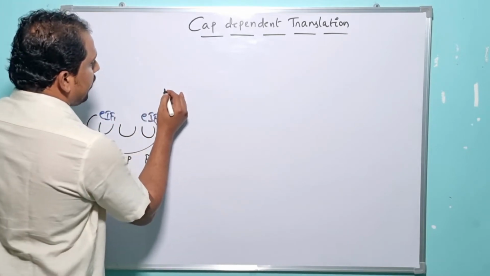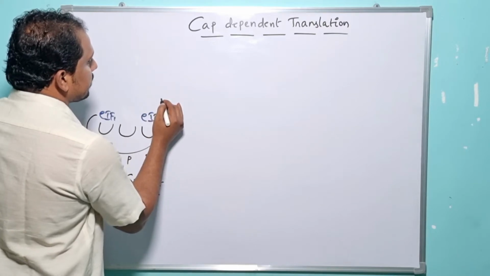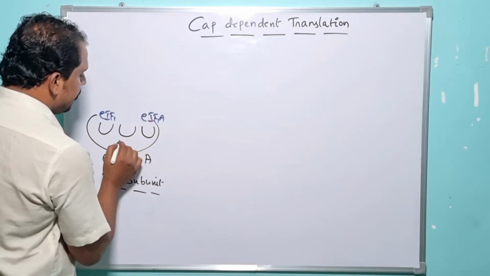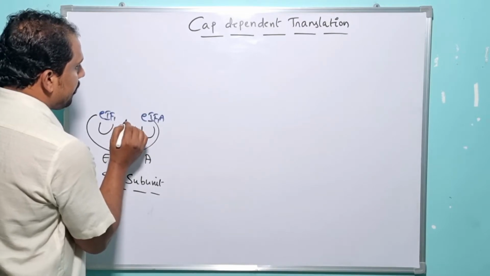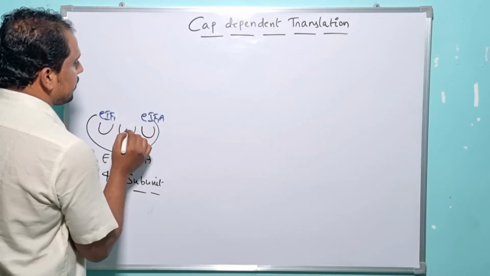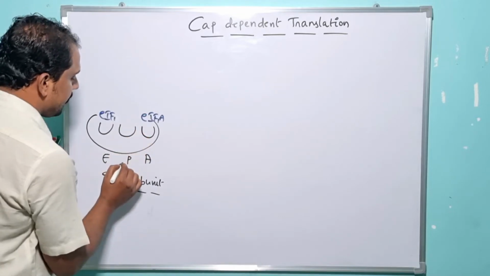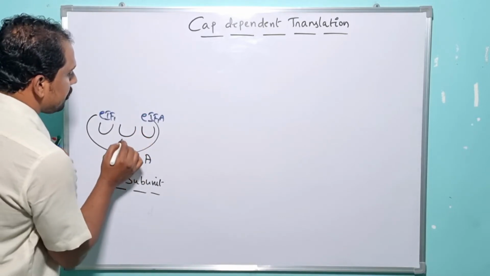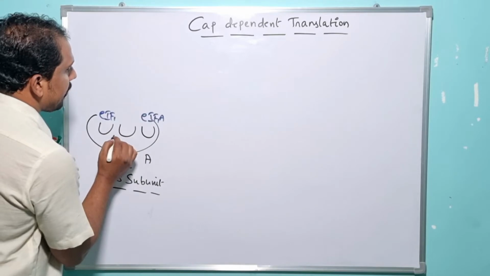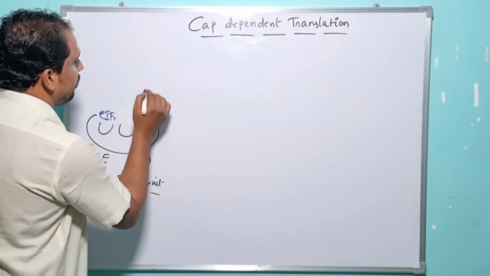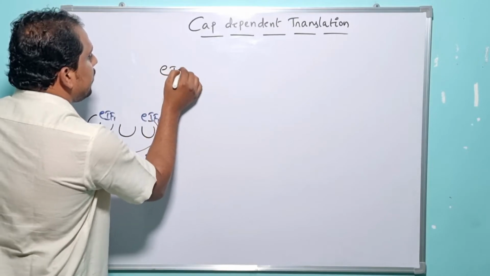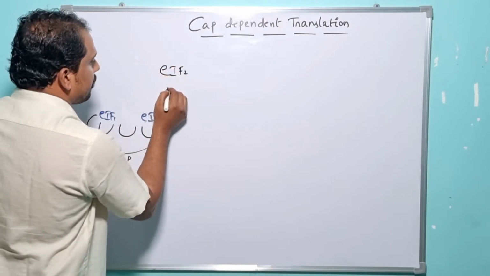In case of the prokaryotic translation mechanism, for the successful recruitment of the initiator tRNA to the P site, there is no requirement of any specific initiation factor. But whereas in case of eukaryotes, for the successful recruitment of the initiator tRNA to the P site of the ribosome, the translation process takes the advantage of a specialized factor. As already mentioned, it is nothing but eukaryotic initiation factor 2, right?